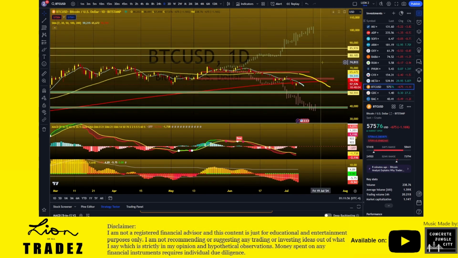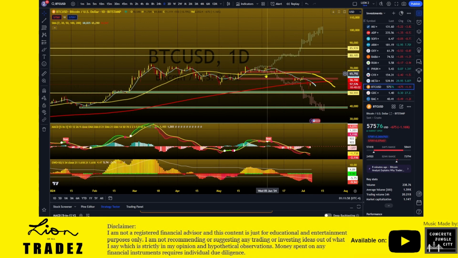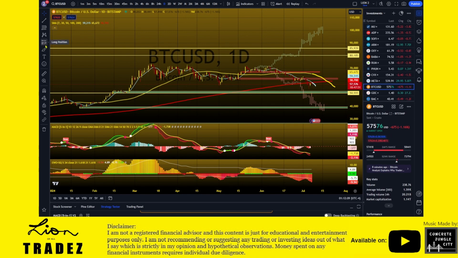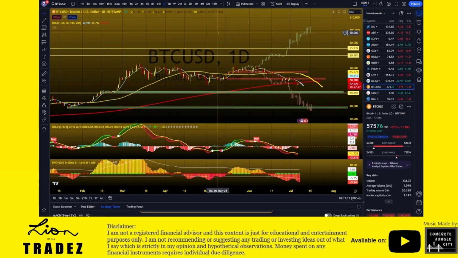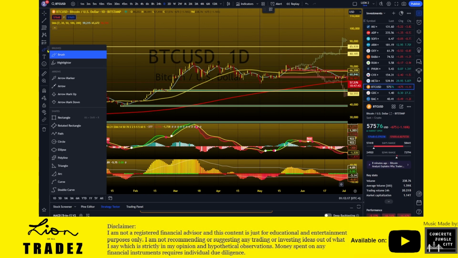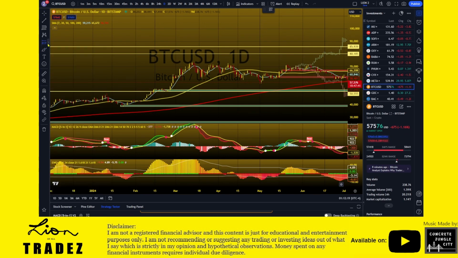I forget when exactly I made this, and this was just me messing around with the tools for TradingView. By the way, not sponsored, but just using the tools and having fun with bars patterns. You go here to these settings, bars patterns.